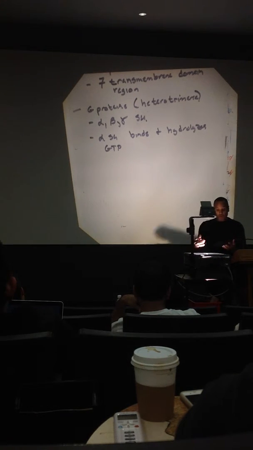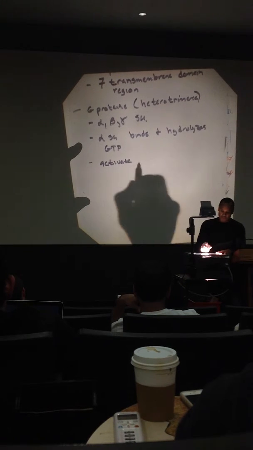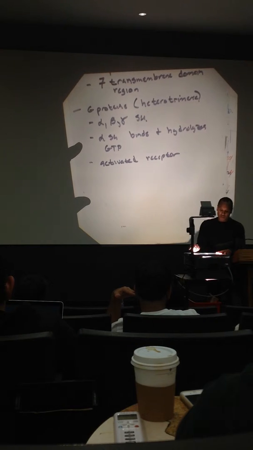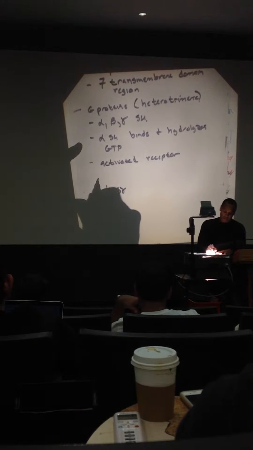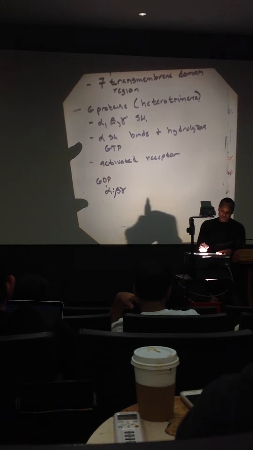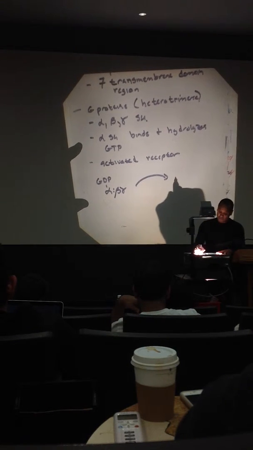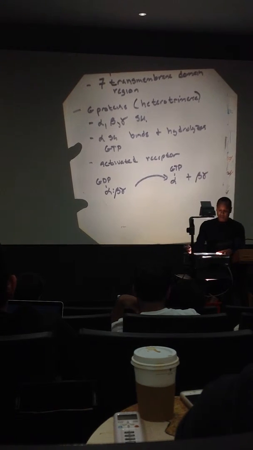And again, the important thing is that it's the activated receptor which converts the alpha, beta, gamma bound to GDP to the alpha GTP bound plus the beta gamma, now separate molecules.